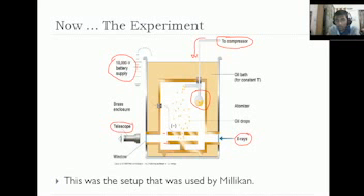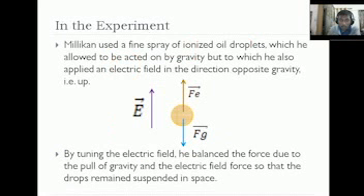Using this property of X-rays, we have made the oil particles charged, and using the property of electric forces, we can make the particles go up and down or keep them stable at one point. This concept was used by Millikan. He used a fine spray of ionized oil droplets which were acted on by gravity, but to which he also applied an electric field in the direction opposite to gravity, that is, upward.